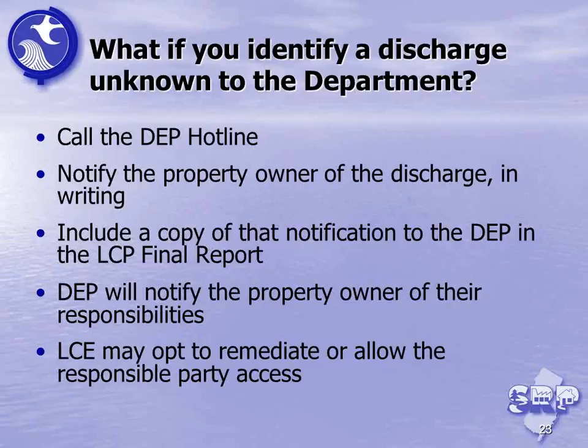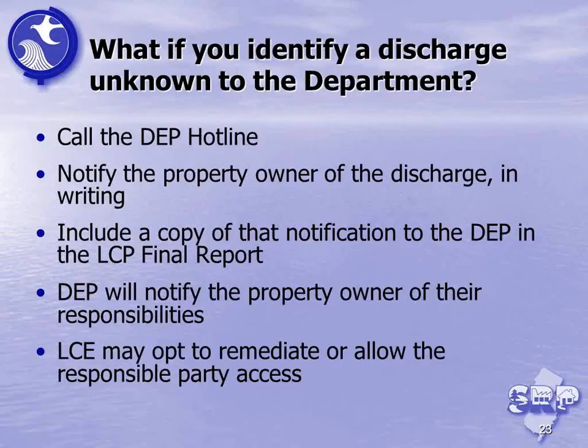Now, what if you identify a discharge that was not expected? You did your due diligence, you did your pre-construction sampling, you're underway with your construction, whether it be boxing out for a roadway or putting in a utility pipeline, and you encounter a discharge that was not expected. Well, of course, it's not already known to the DEP, but they want to know about it, so you have to call the hotline. You also have to notify the property owner of the discharge in writing.